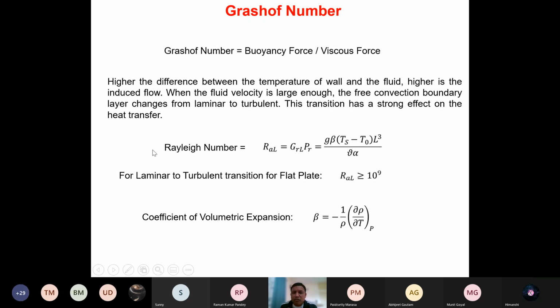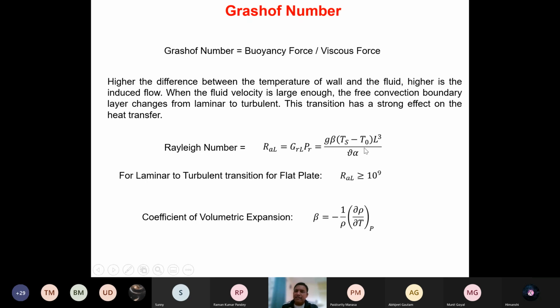This is similar to the Peclet number. Remember, the Peclet number is the Reynolds number into the Prandtl number, and it becomes effective in forced convection. In a similar manner, the Rayleigh number is the Grashof number into the Prandtl number, and it becomes important in natural convection.